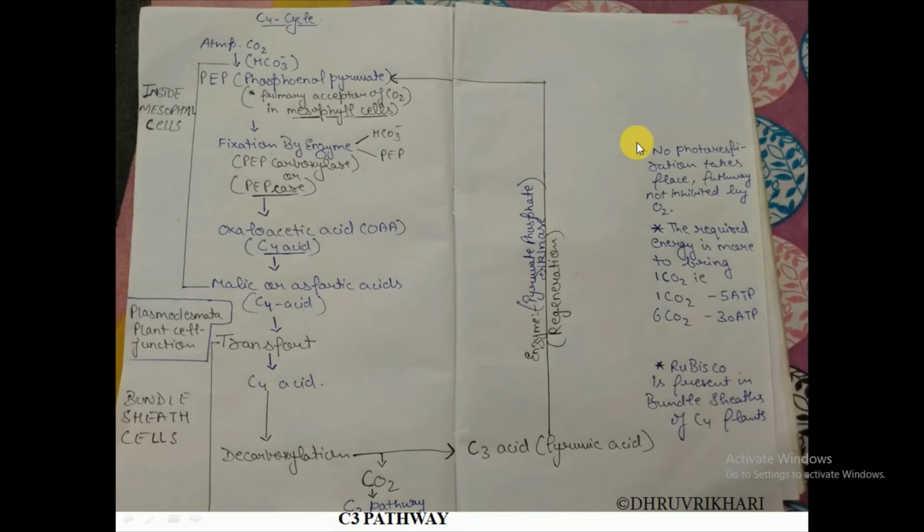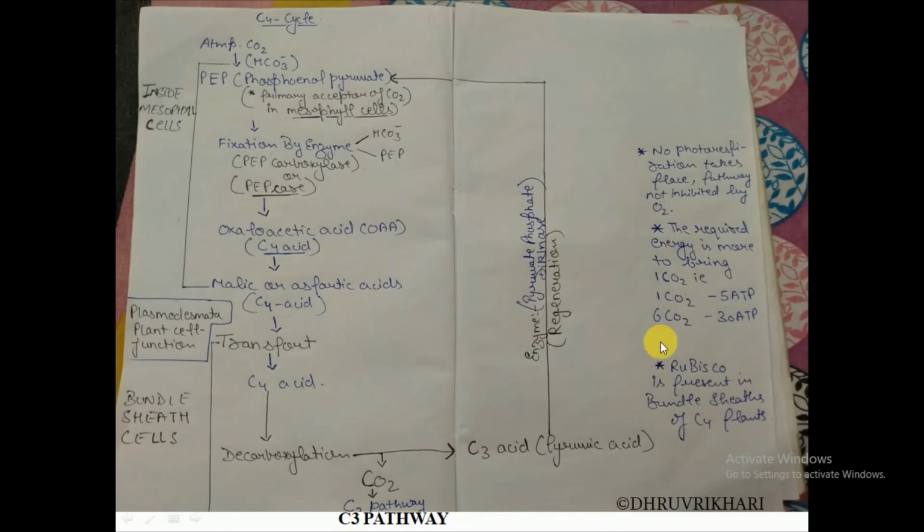Now here are some very important points which I have mentioned. Number one, no photorespiration takes place in the C4 pathway, and the pathway is not inhibited by O2. The second point is that the energy required is more: to fix one CO2 requires 5 ATP, so for 6 CO2 it requires 30 ATP.